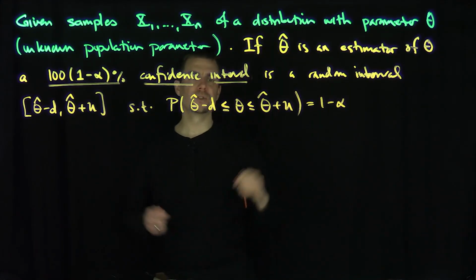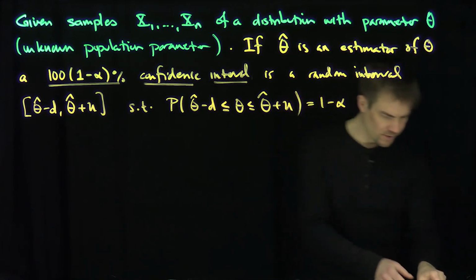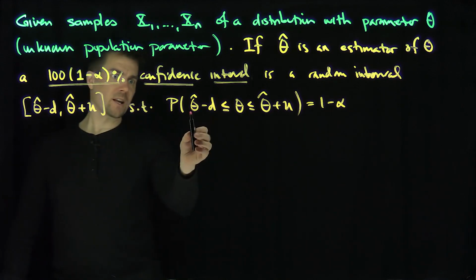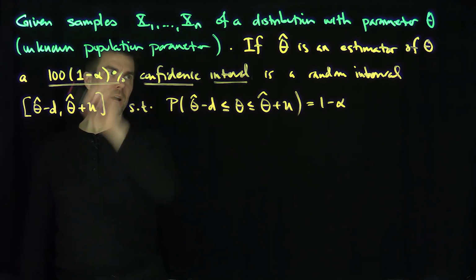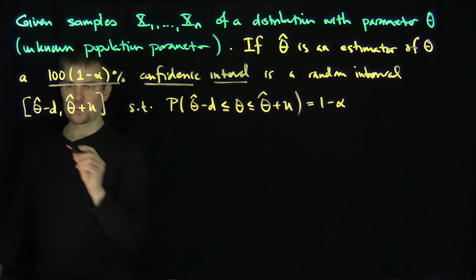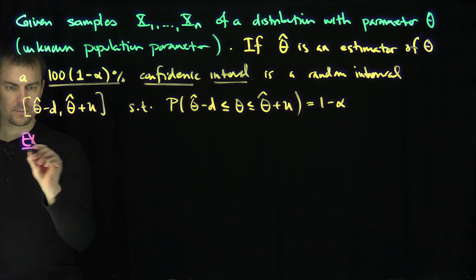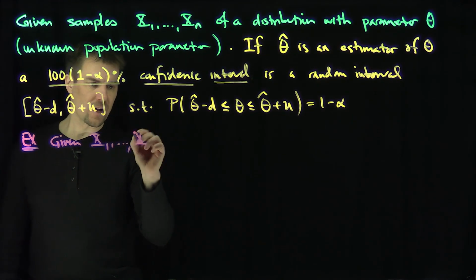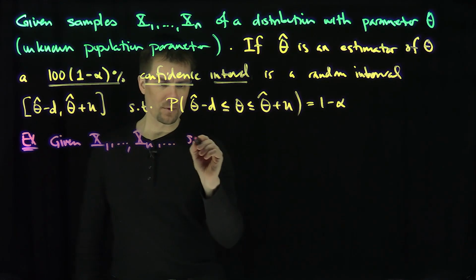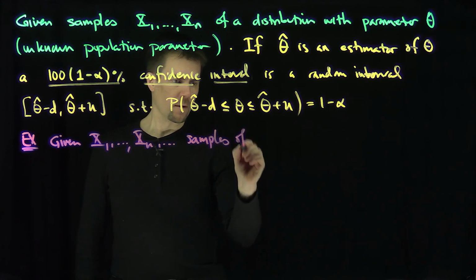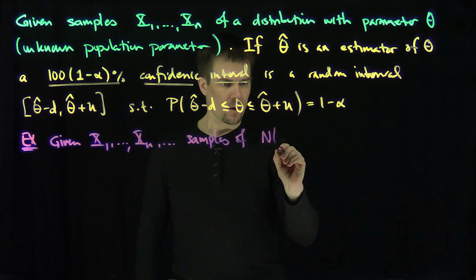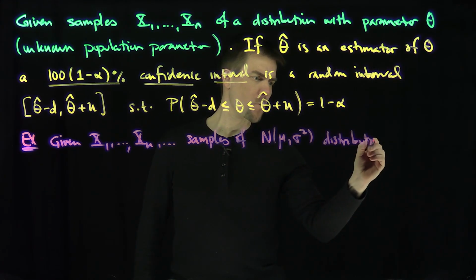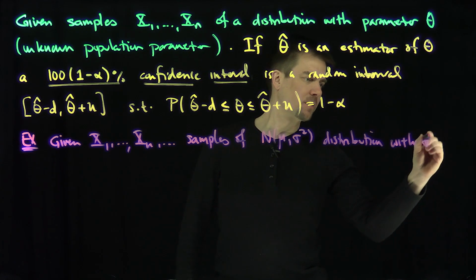Okay? And so I'll illustrate this by example. So what's a good example of this? I would like to find a 95% confidence interval. Of course, theta hat is derived from these samples. So here's an example of a confidence interval construction: given x1 through xn, samples of a normal mu, sigma squared distribution with sigma squared known.